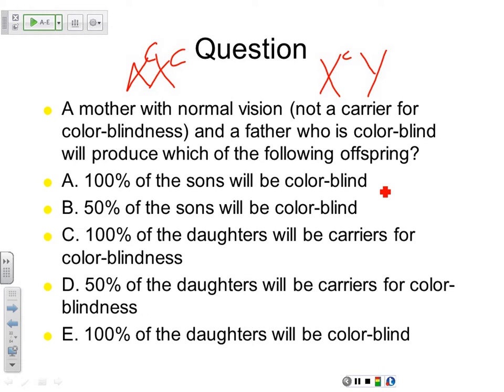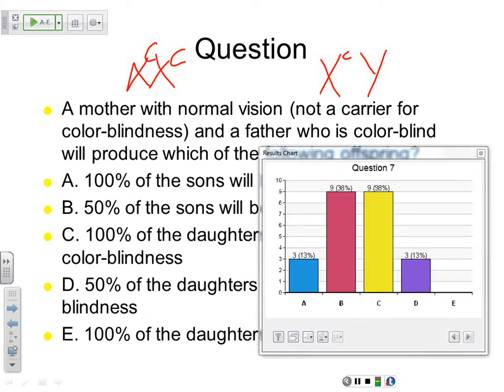Oh, no, I got to show results first. So, what's the answer here? 100% of the daughters will be carriers for color blindness, right? Because they can only get the X with a big C from the mom, and they can only get the X with a small c from the dad. So 100% of the daughters will be X with big C from the mom, and X with small c from the dad.